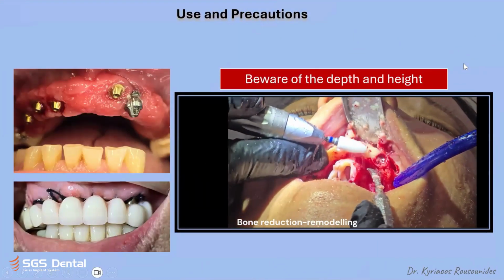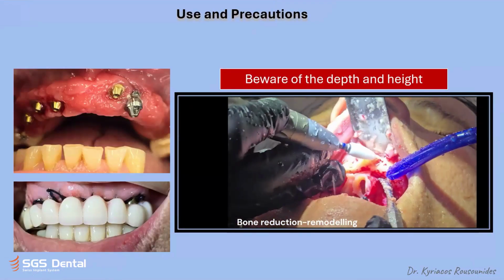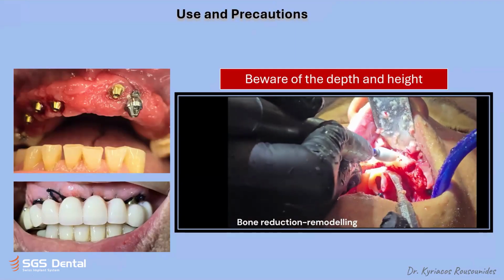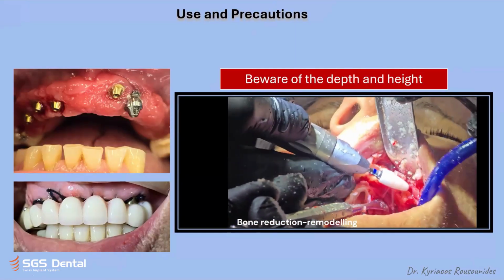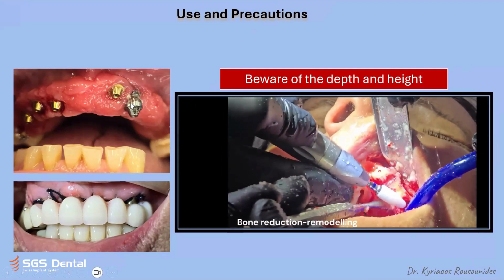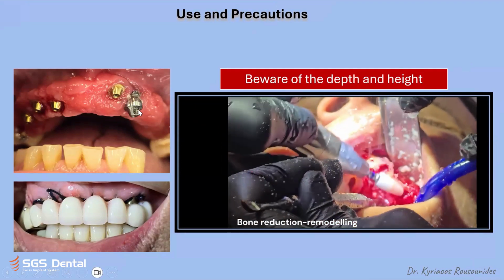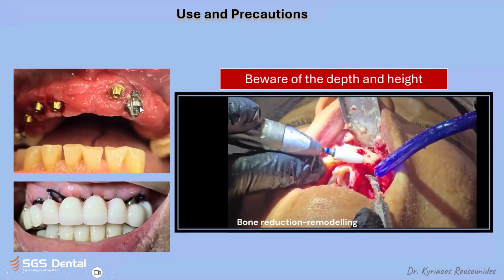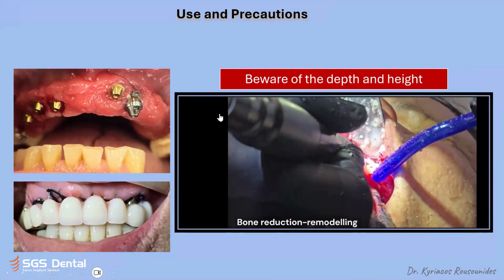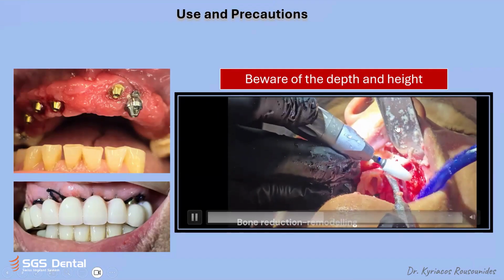Another thing that we need to take care of during the surgical procedures, the bone reduction and the remodeling, is the depth and the heights. The depth is very important. Here, for example, is an old implant. We couldn't remove it, so we placed it a bit deeper so it would be at the same level and it wouldn't cause any problems after in our prosthetics.